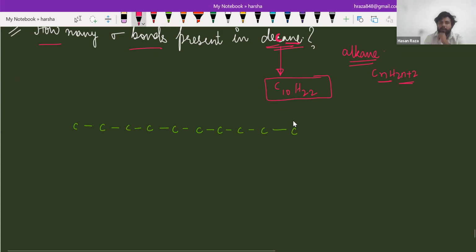Now what you need to do is give 3 hydrogen to the terminal carbons, left carbon as well as right carbon. 6 hydrogen is used. Now we have 16 hydrogen left. So 2 hydrogen to each carbon, and you will get your structural formula.